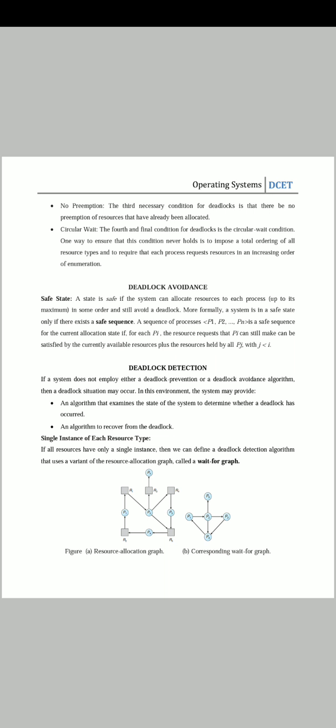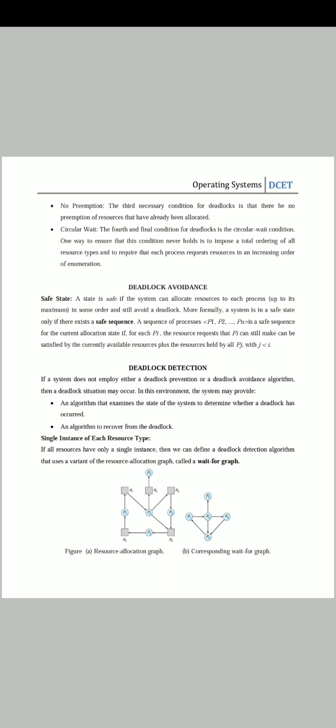In this diagram, I have not drawn the single dot in the rectangle, which means each resource has a single instance. If all resources have only a single instance, we can define a deadlock detection algorithm that uses a variant of the resource allocation graph called the wait-for graph.